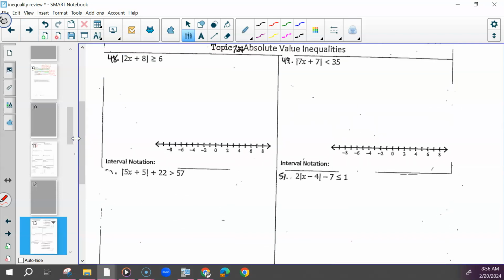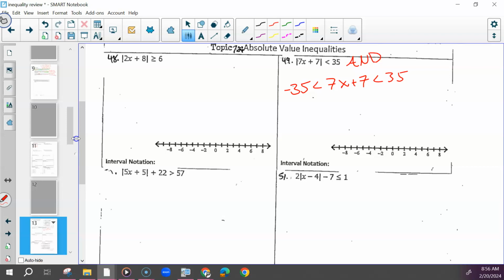It's already isolated. It's less than, so that's another and. So I'm going to go ahead and make this a condensed inequality by making this negative 35 is less than 7x plus 7 and less than 35.